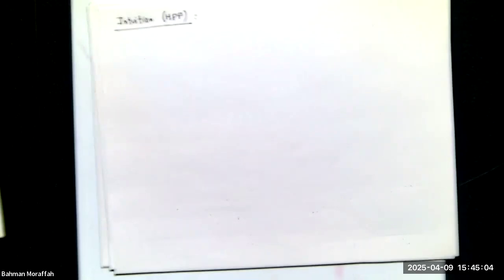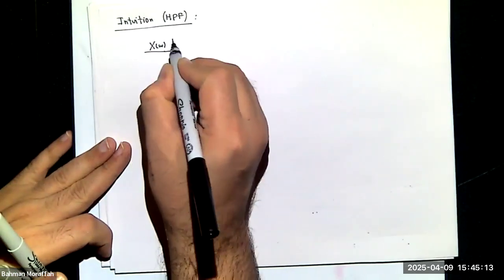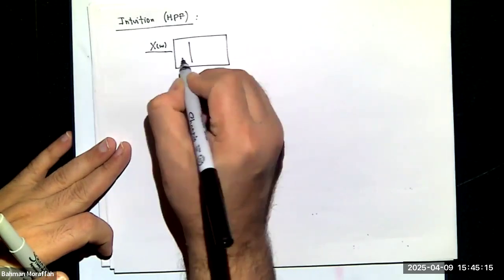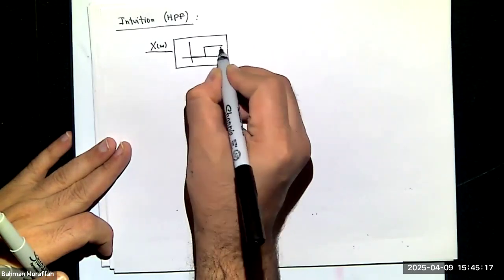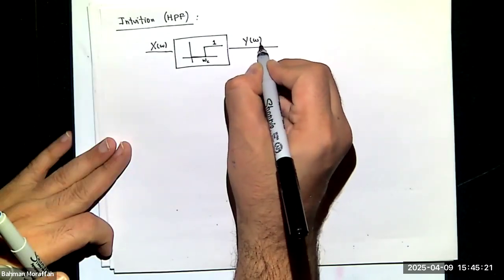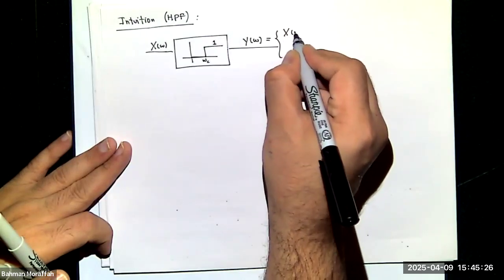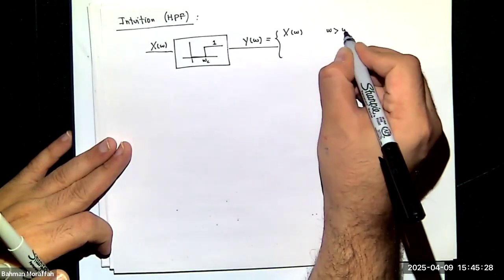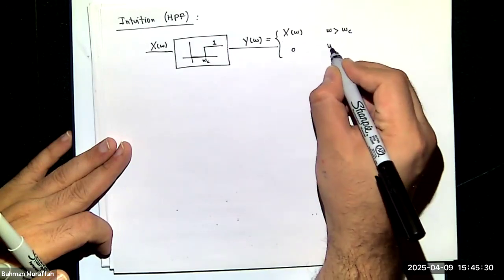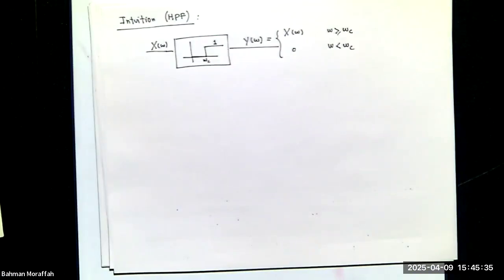Again, the whole idea here is that I want to keep high frequencies and reject low frequencies. So if I have my input X of omega, I want to feed it to something like this, and I want to get this Y of omega, which I know must be exactly the same as X of omega when omega is greater than omega c, and it's 0 if omega is less than omega c.